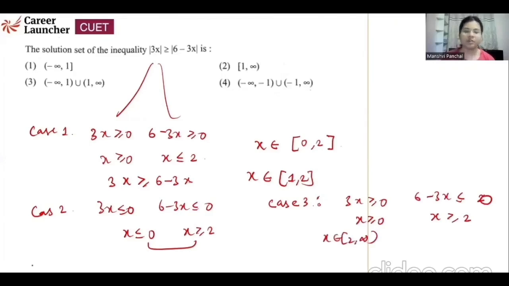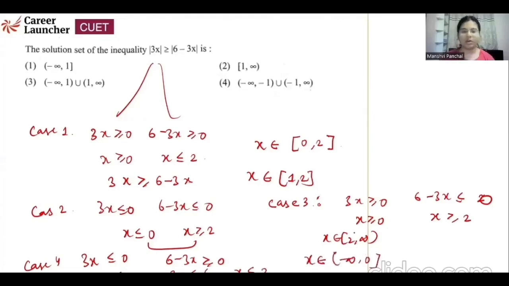Now case 4 is that one expression is non-positive and the other is non-negative, right? So we use the exact opposite of this. So 3x ≤ 0 and 6 − 3x ≥ 0. It means x ≤ 0 and 3x ≤ 6, so x ≤ 2. So the final case of this will be that x belongs to (−infinity, 0].